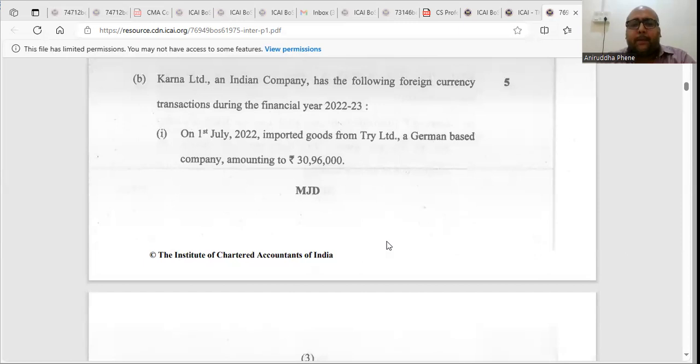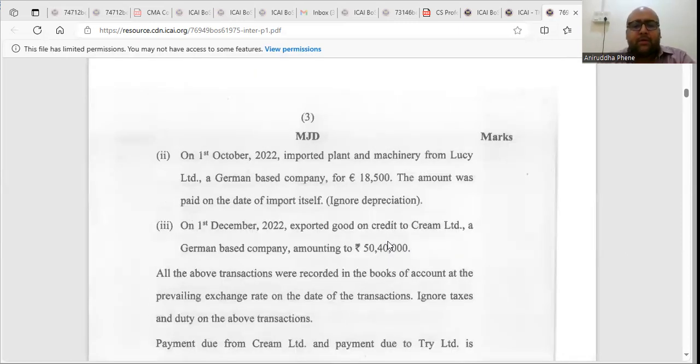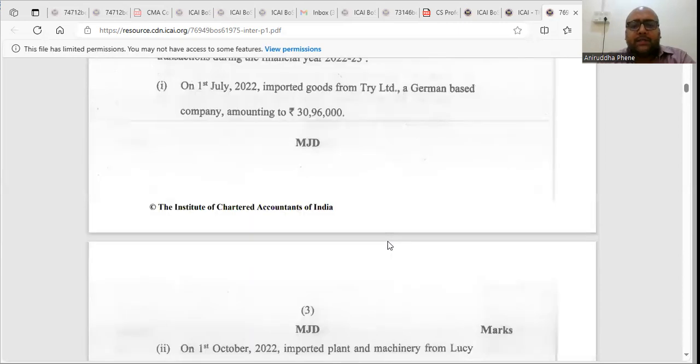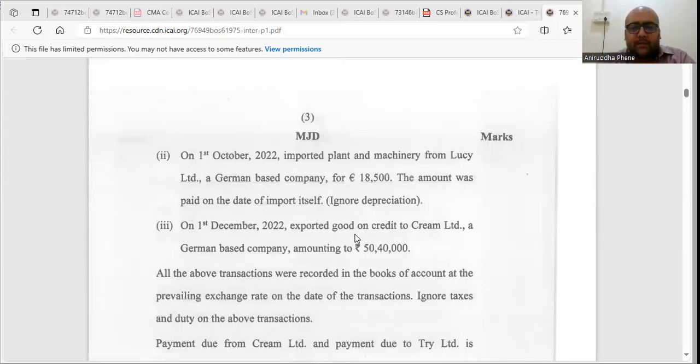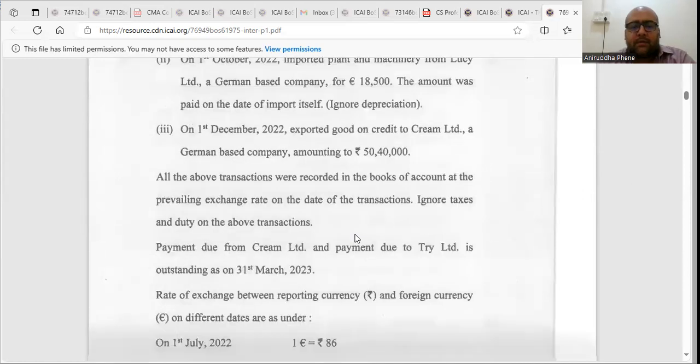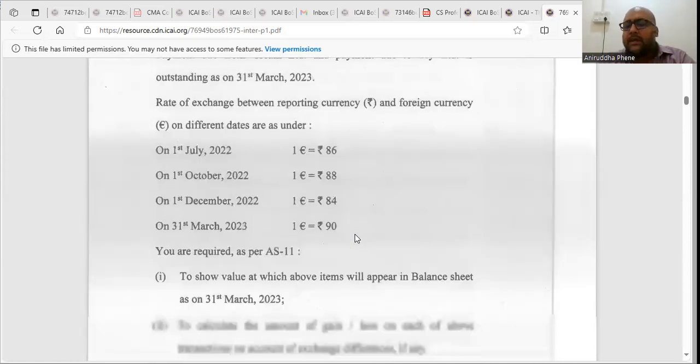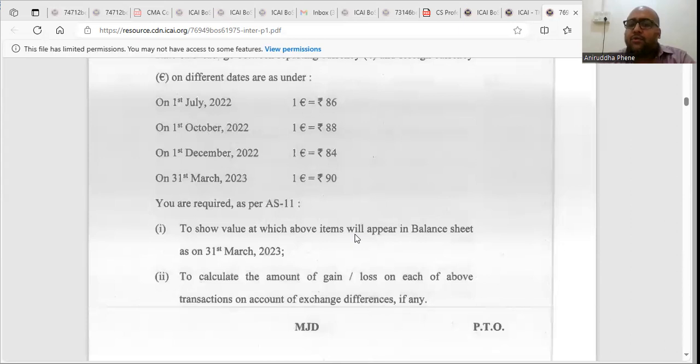Question 1B is AS11 Forex. So they have asked about a company which has foreign currency transactions, and what they have asked. They are asking as per AS11 to show the value at which above items will appear in the balance sheet, that is as at the balance sheet date, and also to calculate the amount of gain or loss.